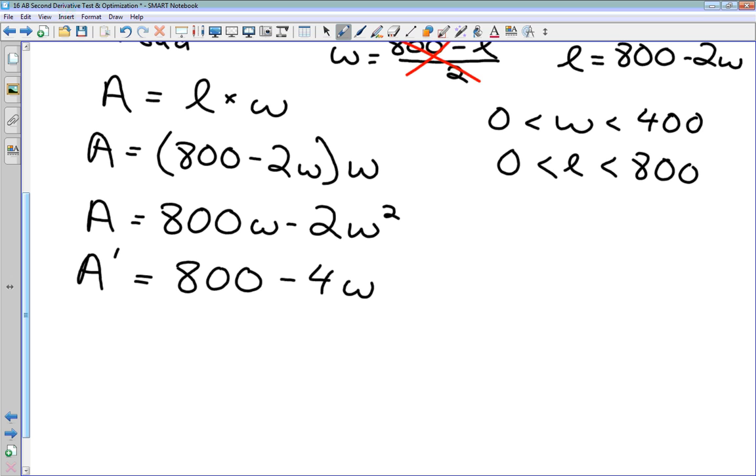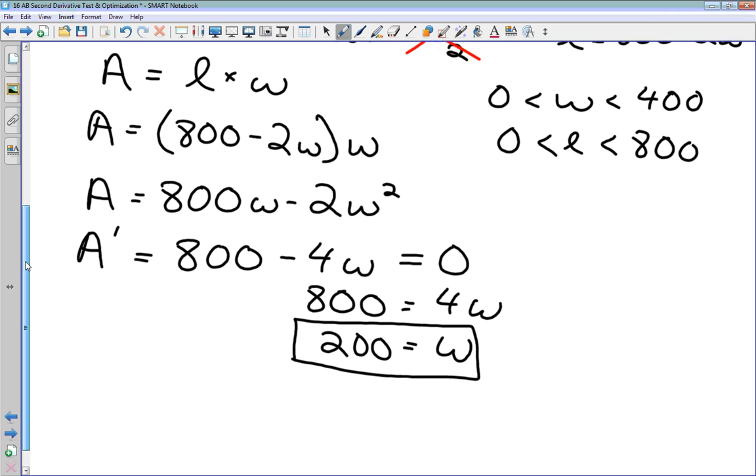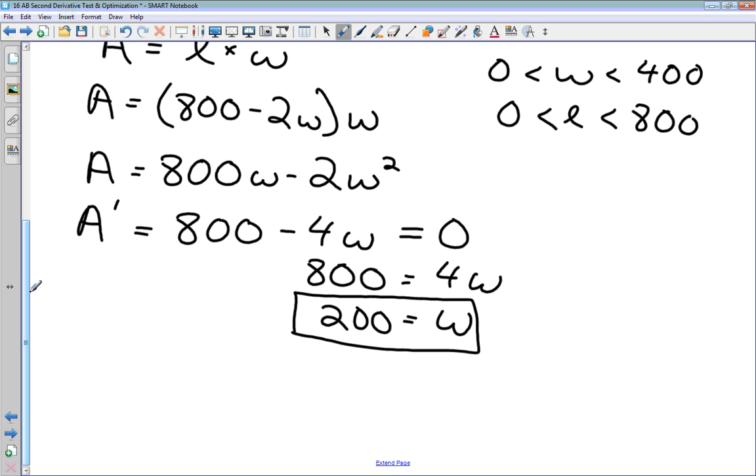A primed is 800 minus 4w. Set this equal to 0, and I'm going to solve for w. So w is 200. Now let's say I wasn't sure whether this represented a maximum value or a minimum value. What I could do then is I could use the second derivative test to verify this.